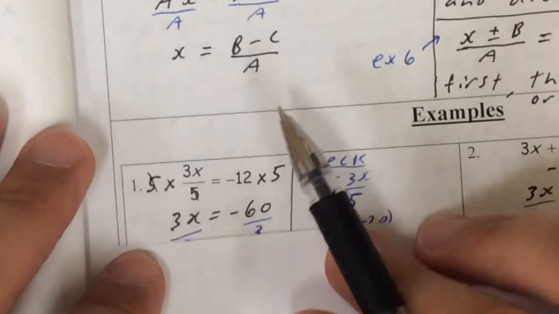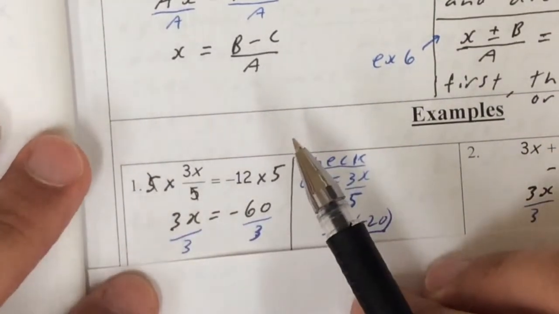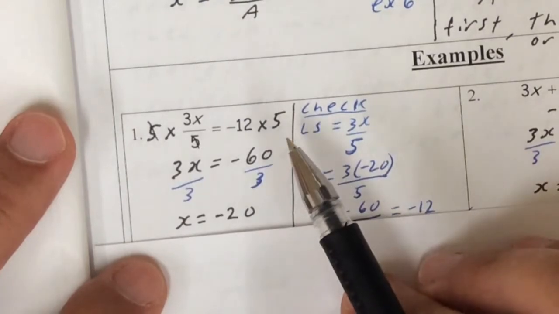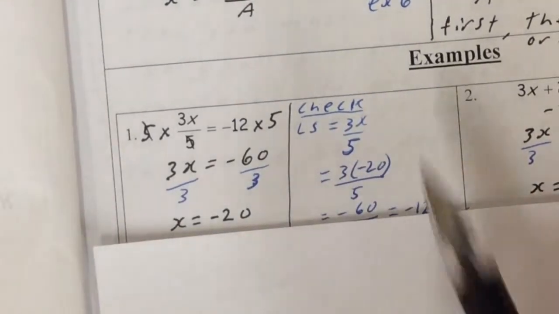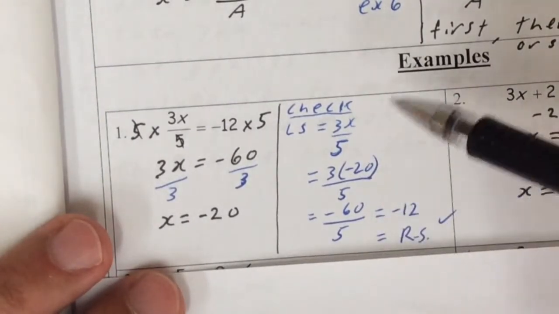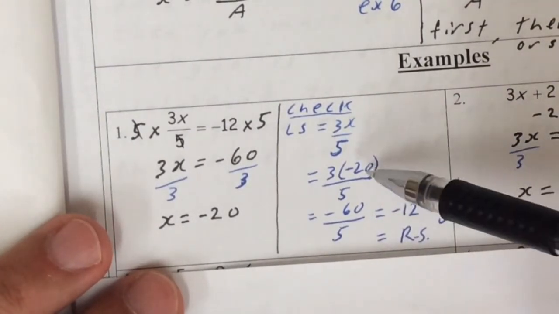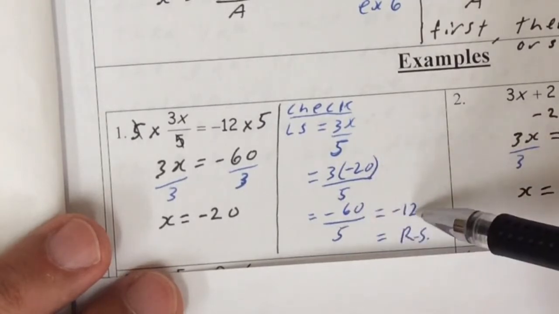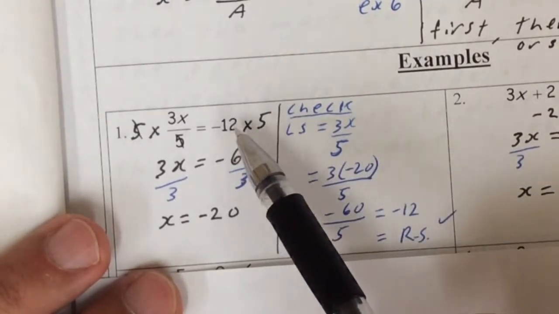Now you want to get rid of the 3, so you divide both sides by 3, and you get x equals negative 20. Do a check. I'm not doing a check with all of them, but for this one, sub in the negative 20 and evaluate it. You get negative 12, which is what was on the other side to begin with.